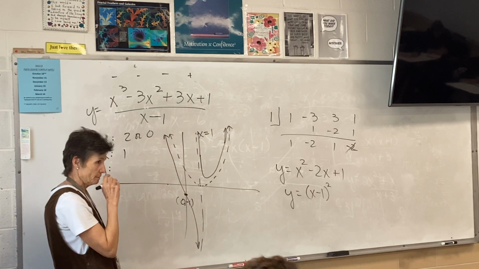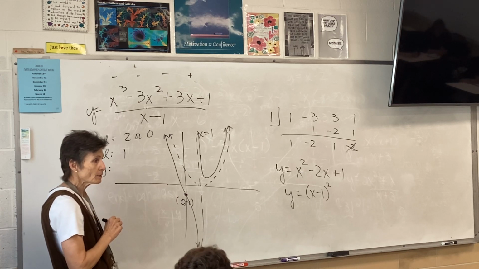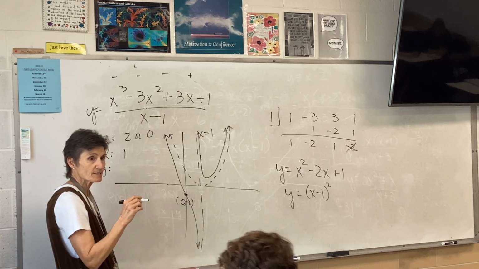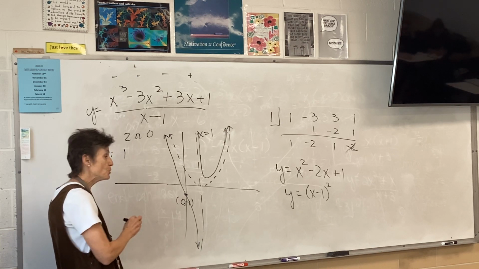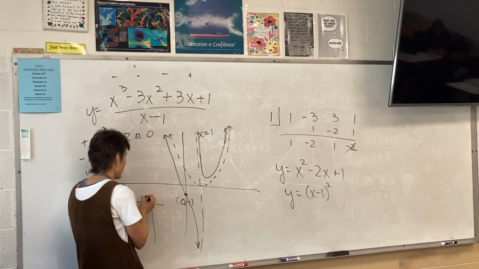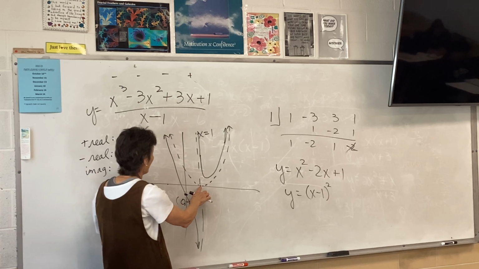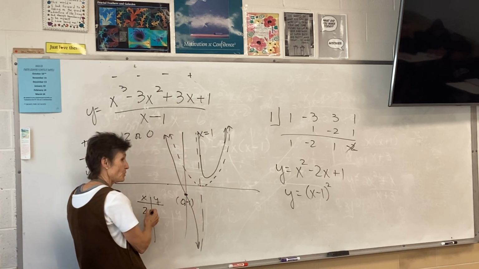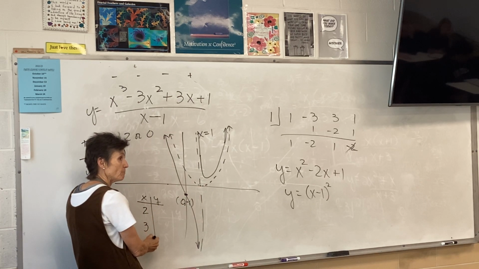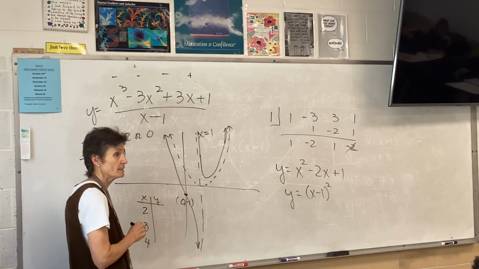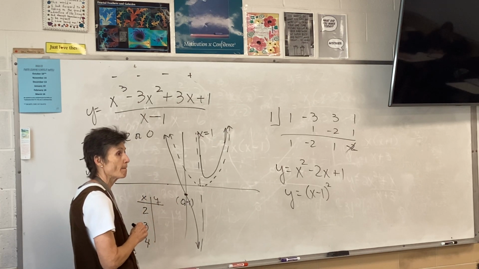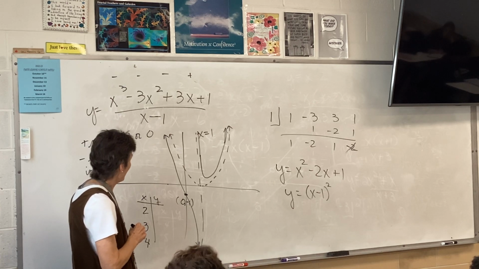Now, how could I check that? Plug in a point. You could build a T-chart. That's 1, so maybe try 2, and 3, and 4, and see what happens to those points. So on the left side, does that look like a cubic function?